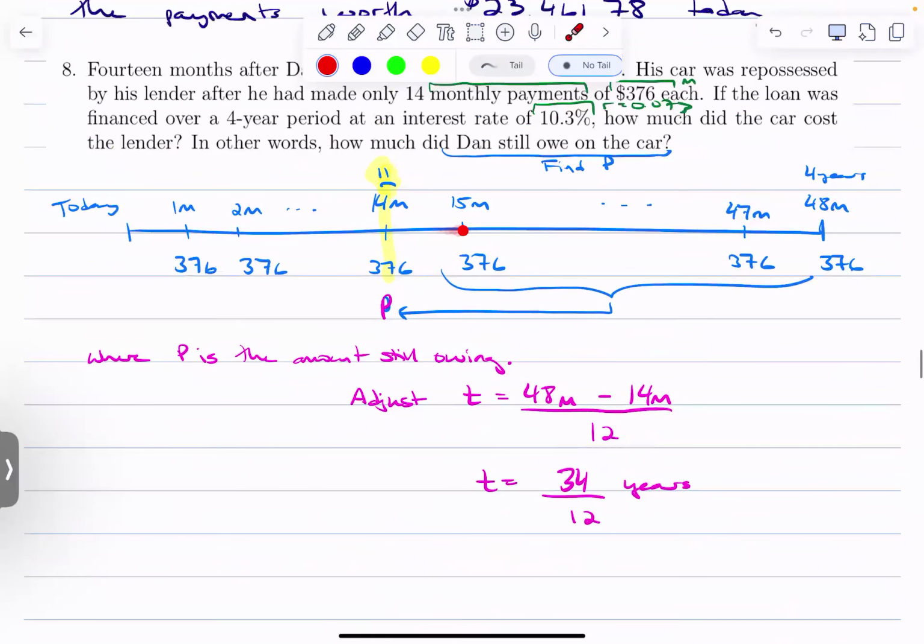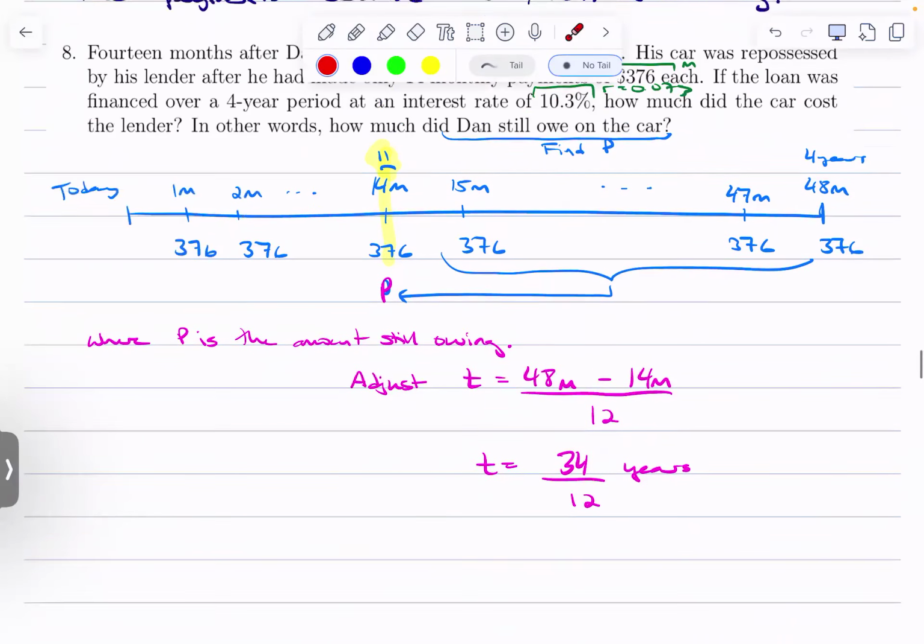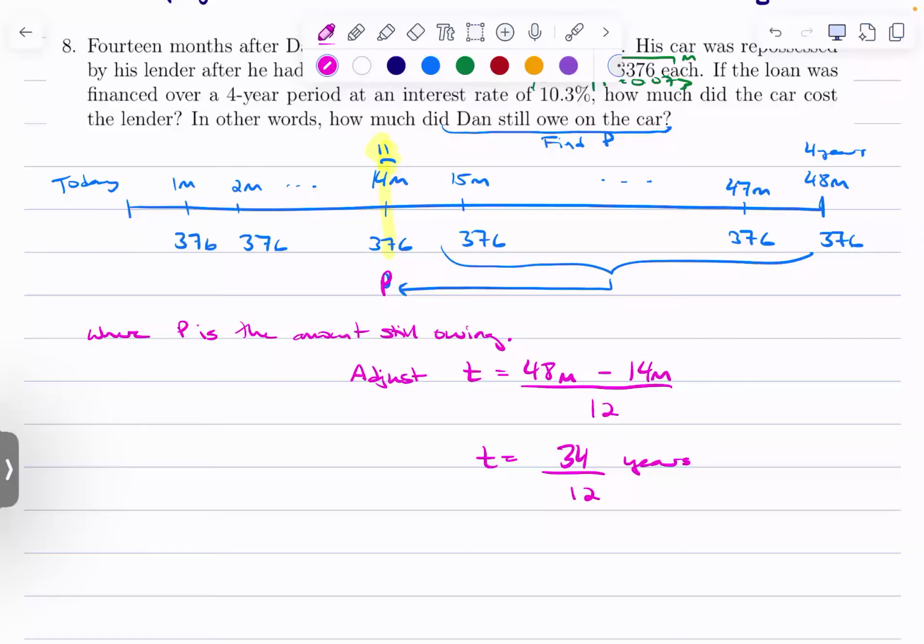Because this would be 34 months. Yeah. So if you want to convert the number of months into years, you have to divide by 12. But I will clarify here that this distance is 34 months.